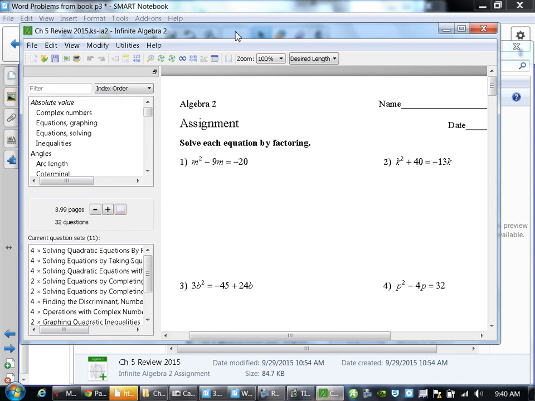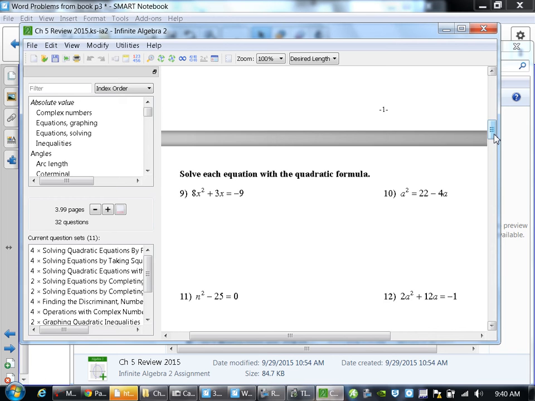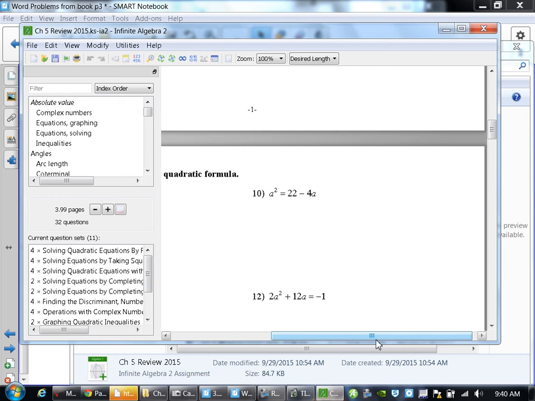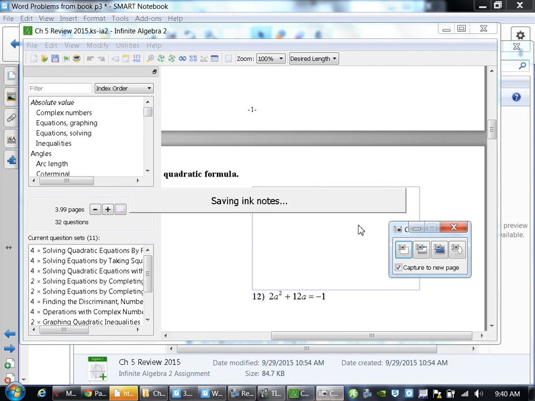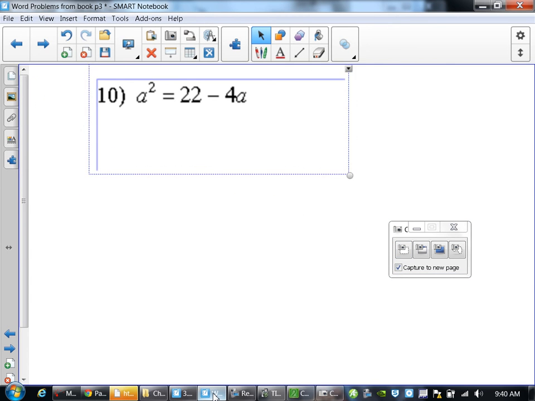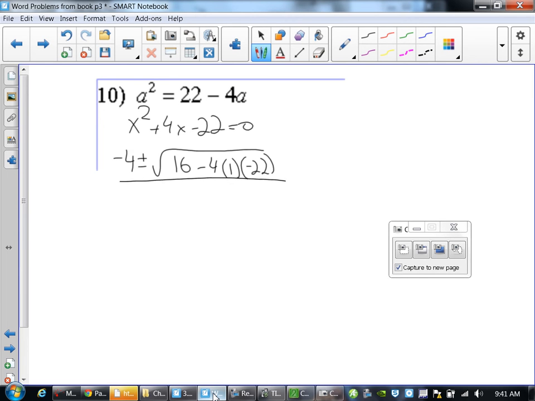You said 10? That one works. Did you get the right answer for that one? No. Solve with the quadratic formula. I got negative 4 plus or minus something. For this one, I get x squared plus 4x minus 22 equals 0. The quadratic formula says opposite of b plus or minus the square root of b squared minus 4 times a times c, all over 2a.